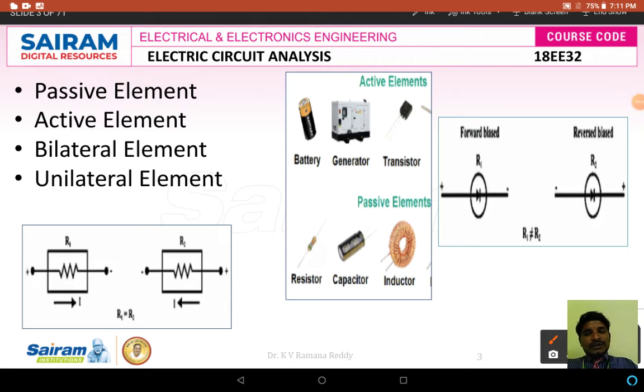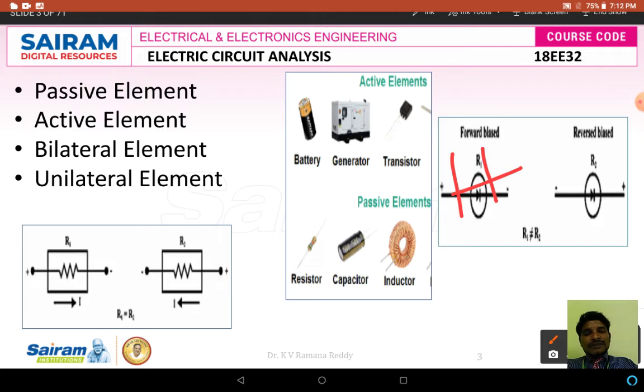An inductor does not allow sudden changes of current, and the energy stored across the inductor is in the form of an electromagnetic field, and the unit of inductance is henries.